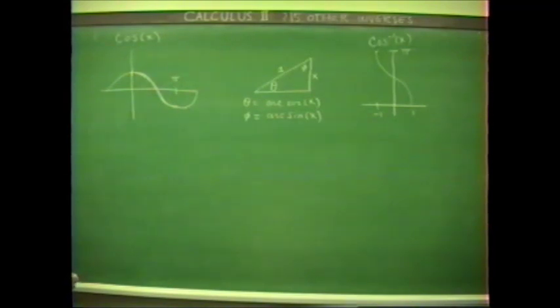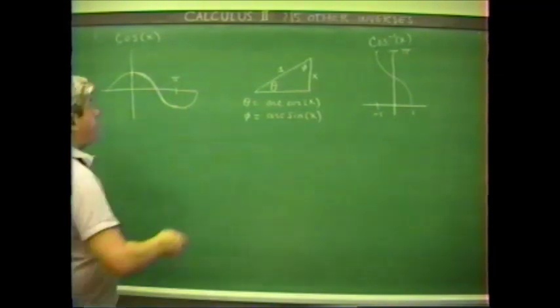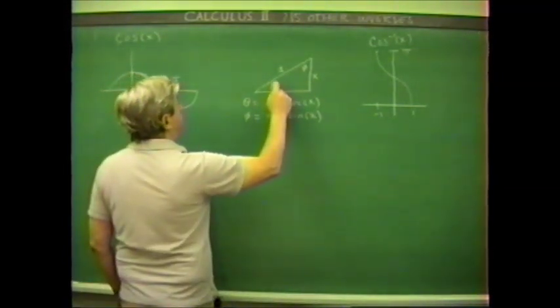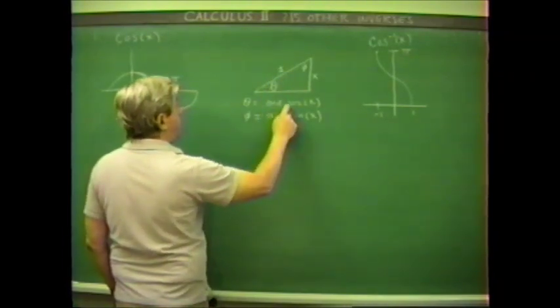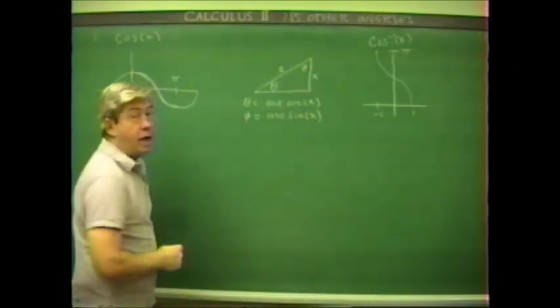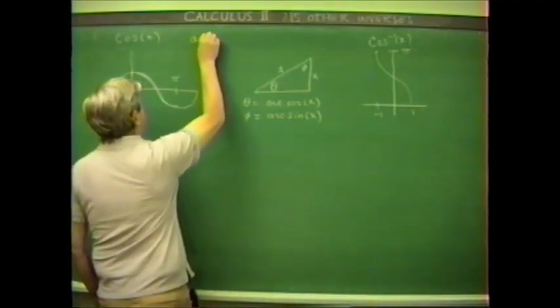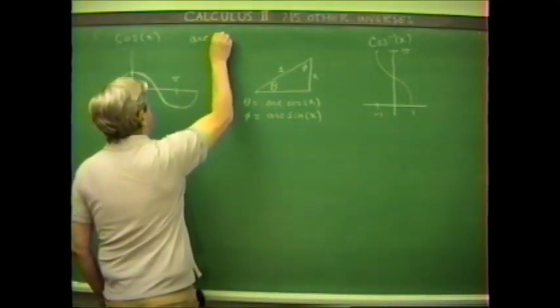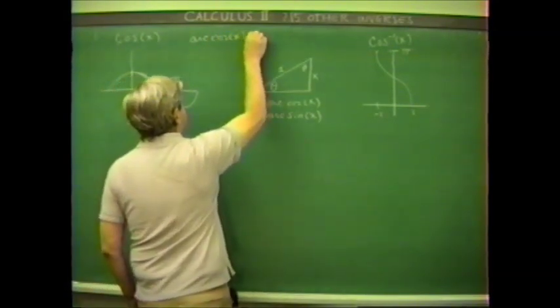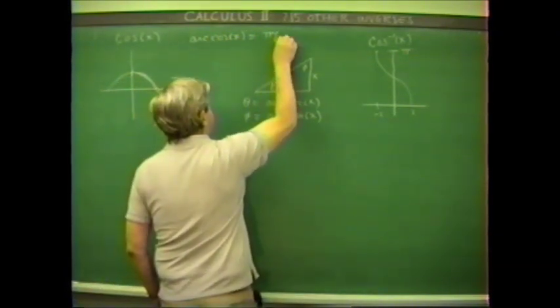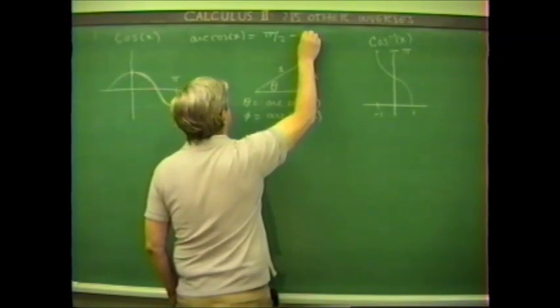That's to say, what we're going to find here is that the arc cosine of x plus the arc sine of x add up to 90 degrees, or pi over 2. Or, if you like, the arc cosine of x is equal to pi over 2 minus the arc sine of x.